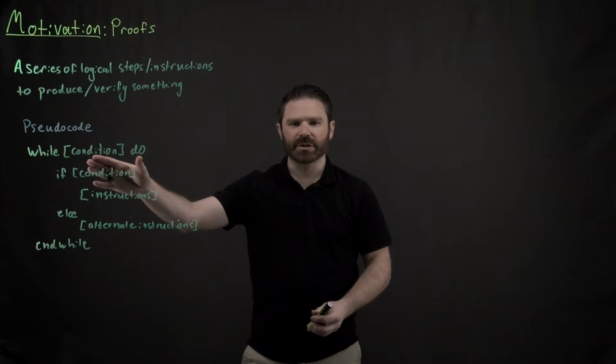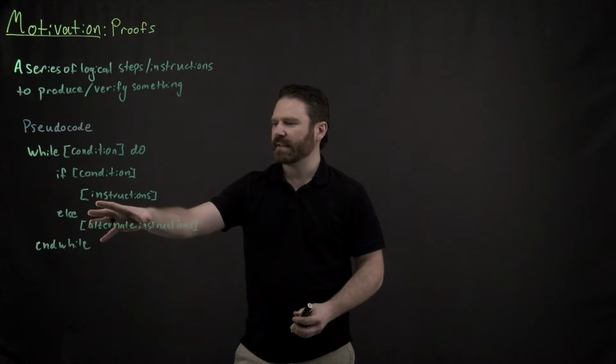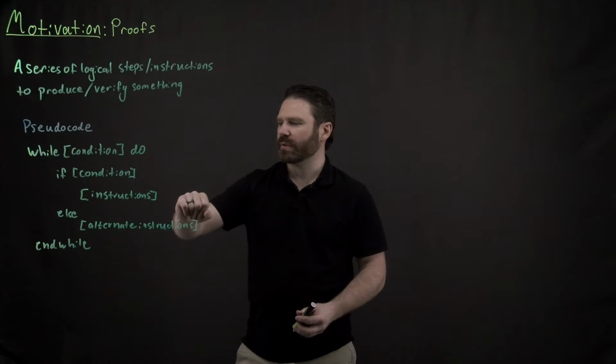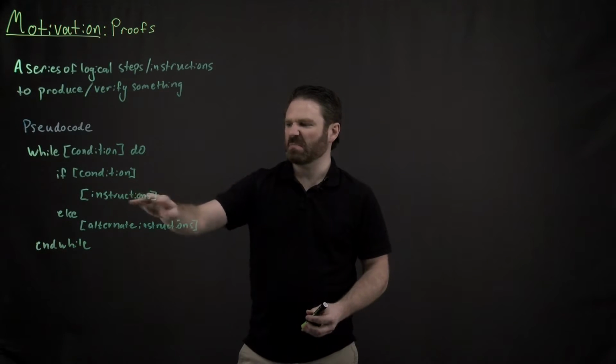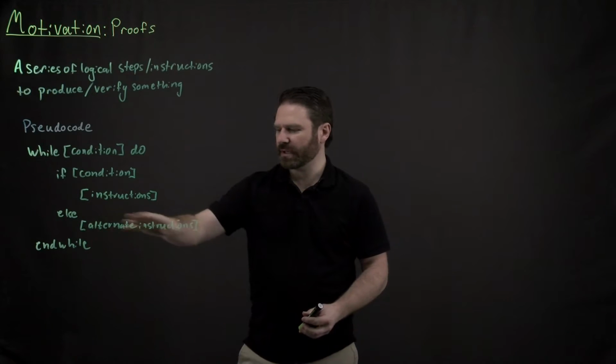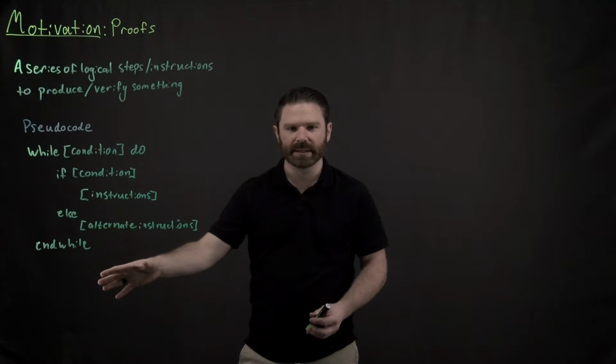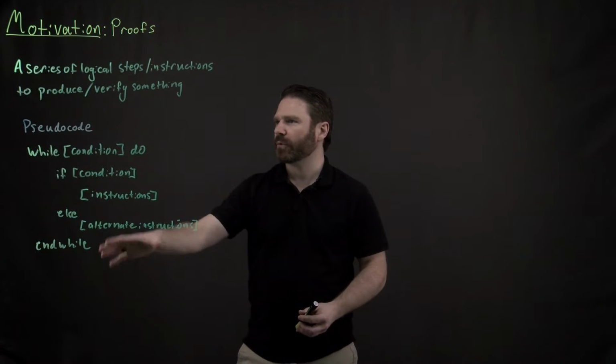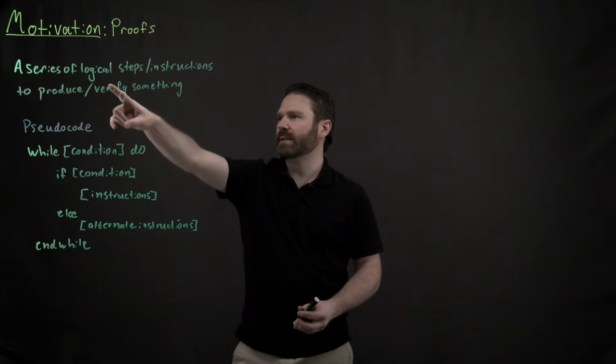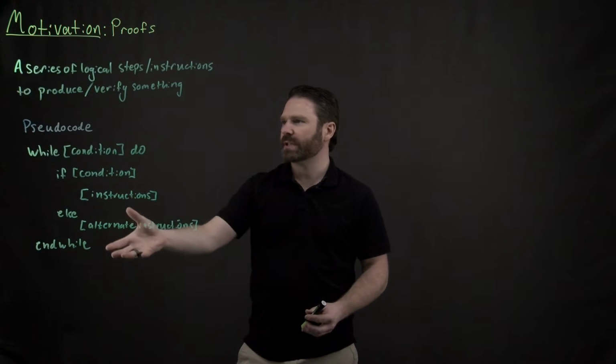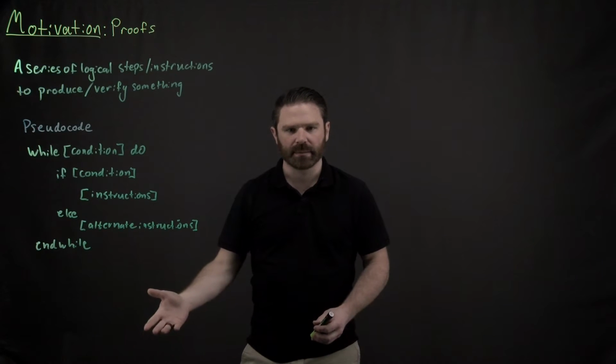While some sort of condition is true, and then we have this if statement in here. If you have some sort of condition, you do some bunch of instructions over here. Otherwise, you do alternate instructions, and then you end. So we have a very simple program right here, written in pseudocode, that's simply a series of logical steps or instructions meant to produce something or verify something.